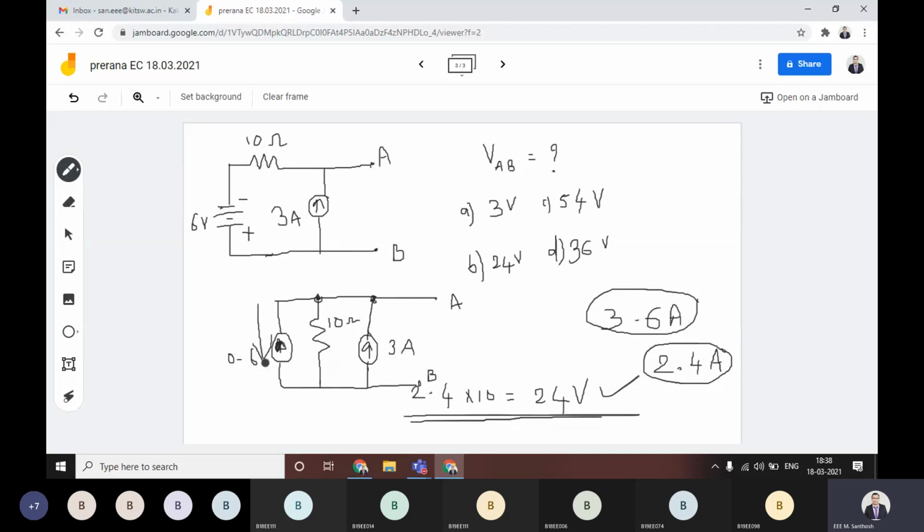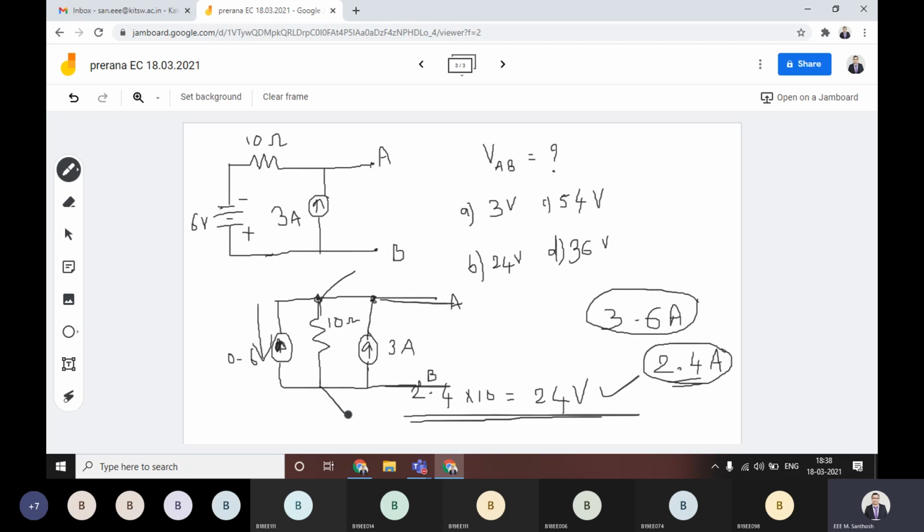If it is downwards, then 3 minus 0.6 is equal to 2.4 amperes. Then 2.4 amperes is flowing into 10 ohm, and in parallel the voltage is same. Then the value of VAB, that is across these terminals, is equal to 24 volts. Very good, nice observation.